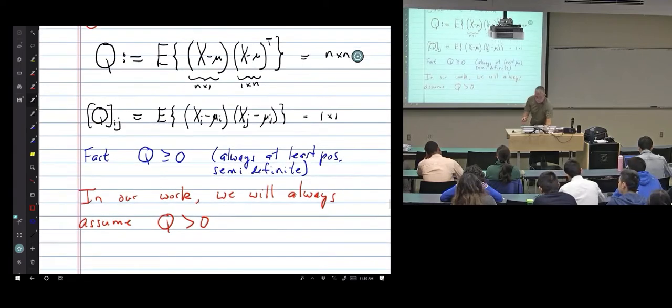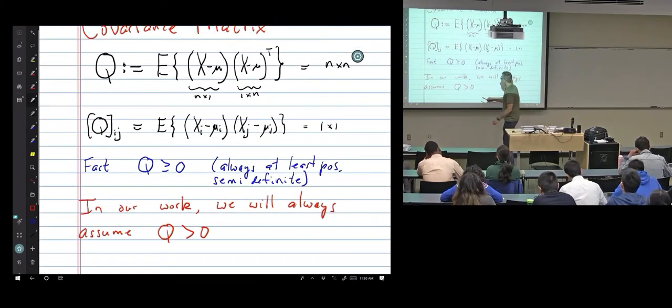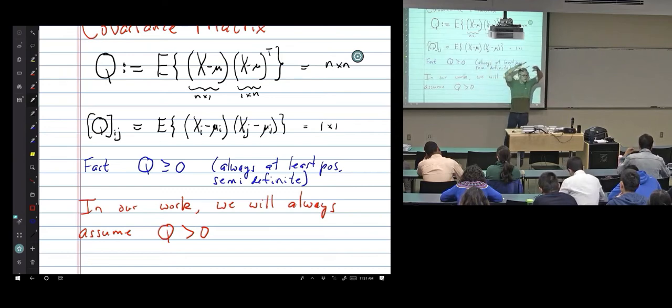So this matrix, when its diagonal terms are small, then we know a lot about how X is doing by just knowing its mean. And when the diagonal terms are huge, then it's just this huge spread and we don't have very much information when we make a measured value, okay?